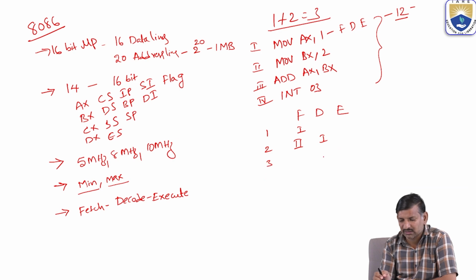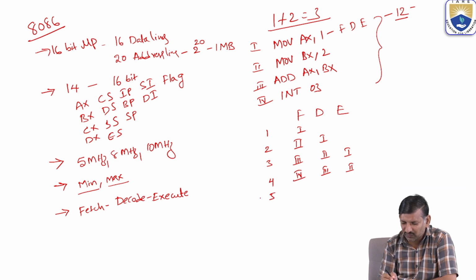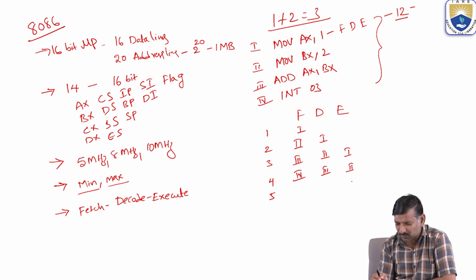In the third clock cycle, executing the first instruction, decoding the second instruction, fetching the third instruction. In the fourth clock cycle, executing the second instruction, decoding the third instruction, fetching the fourth instruction. Fifth clock cycle, in the same manner, similar procedure.